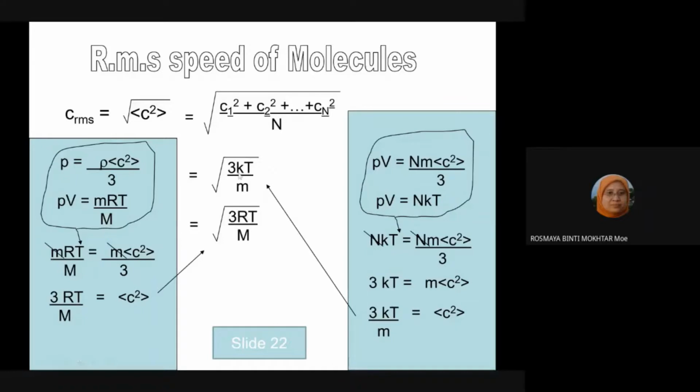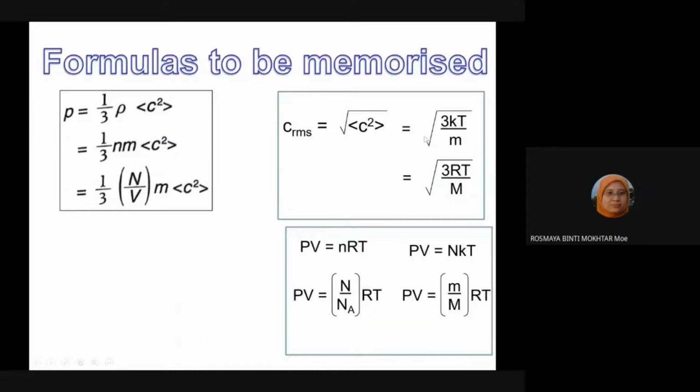Boltzmann constant is 1.38 times 10 to the power of negative 23. I forgot already, so you can refer later. So these are equations to be memorized, and also don't forget how to derive it, because the question for derivation can come out in the essay question, so must be very, very careful.